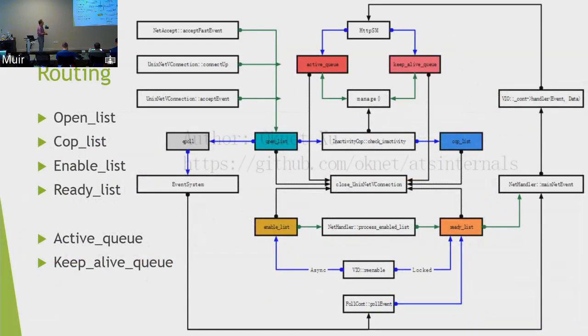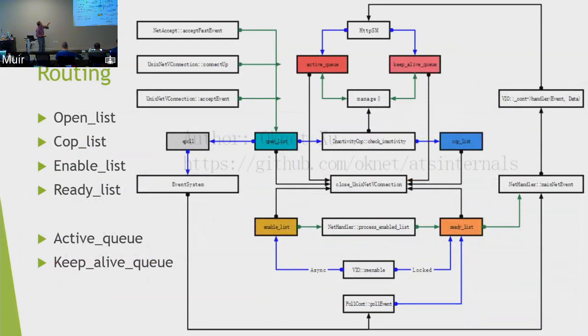The enable list means the socket FD has an event, but the data is not yet available, so we will process it next time. The ready list is currently triggered by the epoll event. And we also have an active queue and a keep alive queue.